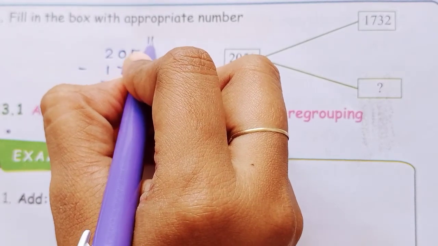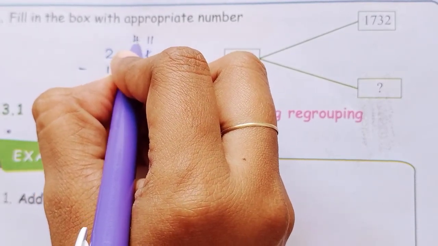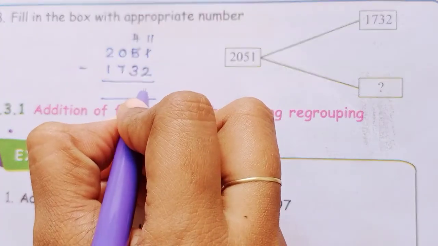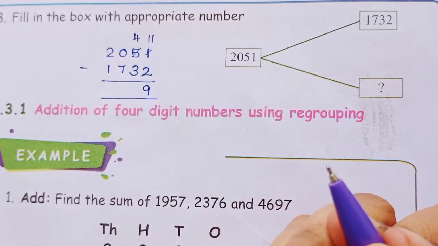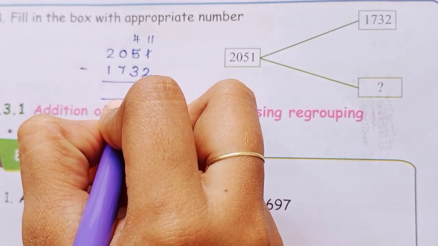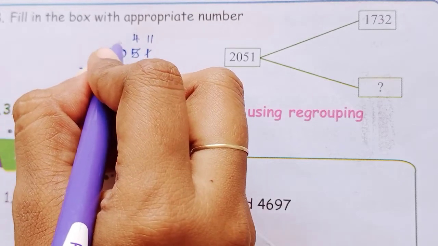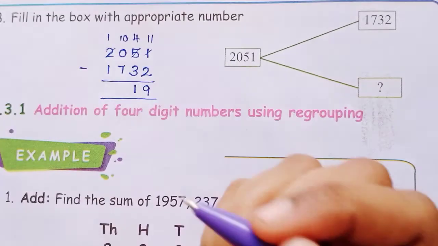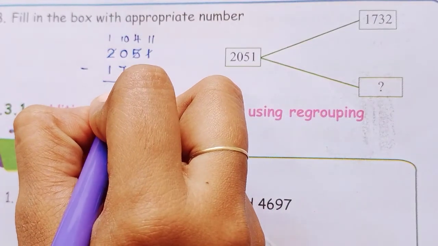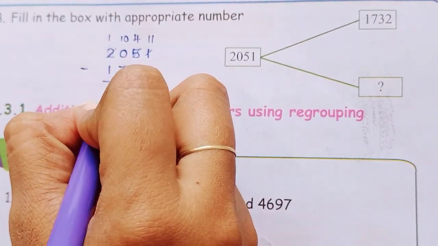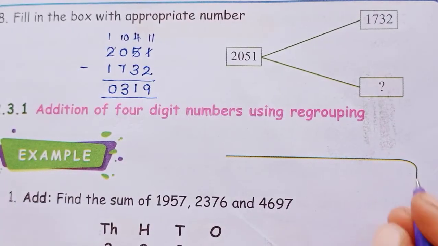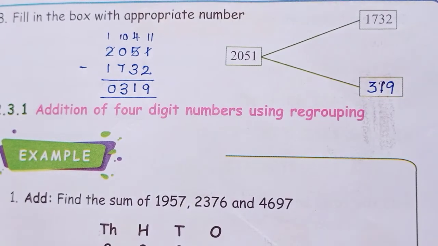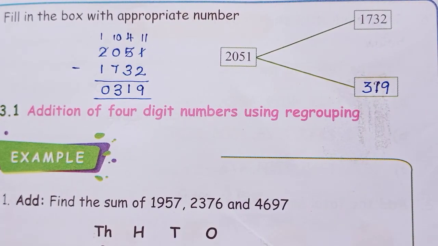Cut and write 11 here, this one 4. 11 minus 2, 9. 4 minus 3, 1. 0 minus 7: it will become 10, here 1. 10 minus 7, 3. 1 minus 1, 0. So the answer is 319.